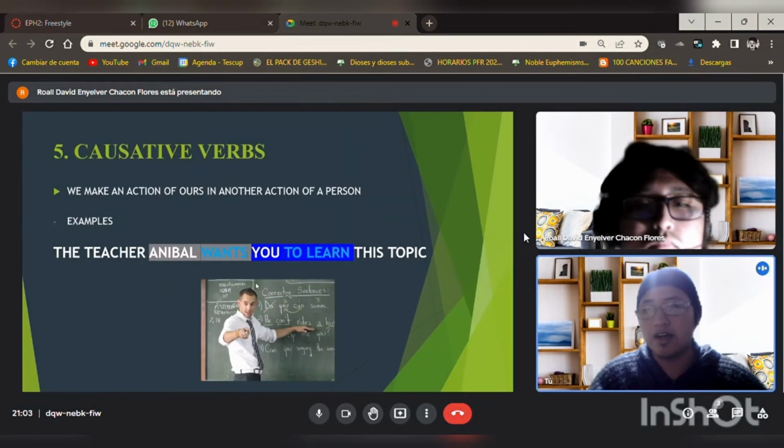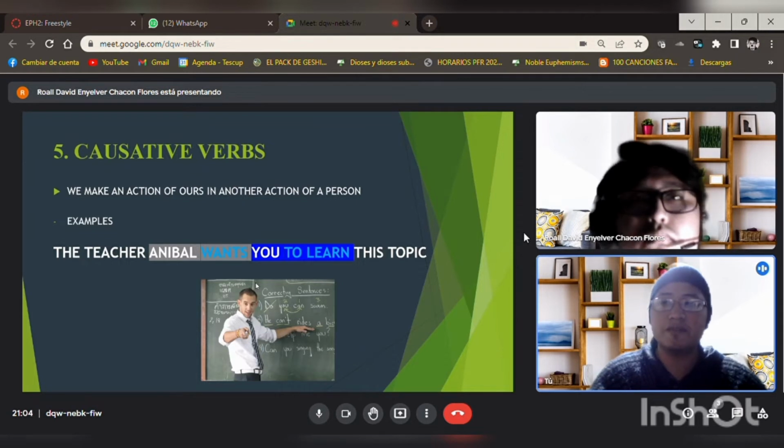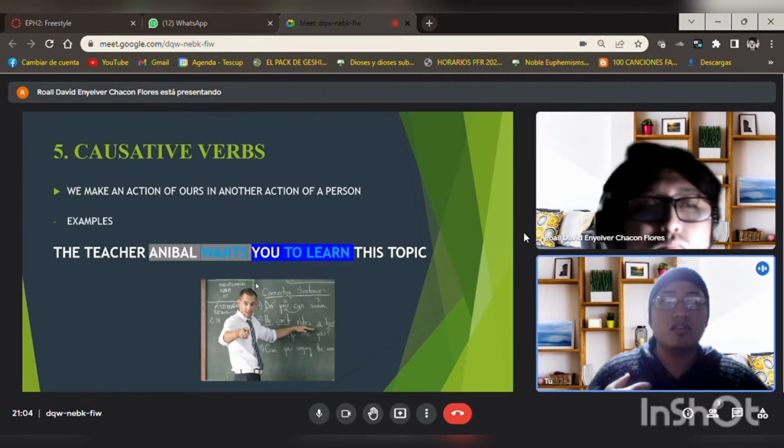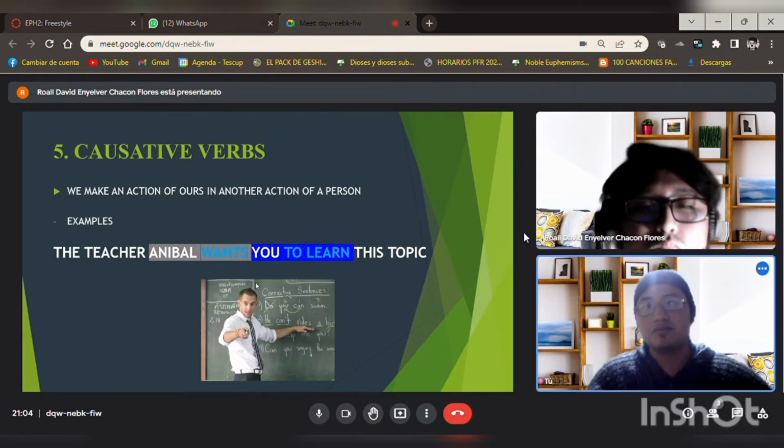Case number five: causative verbs. This is when we cause an action in another person. For example, 'The teacher Aníbal wants you to learn this topic.'